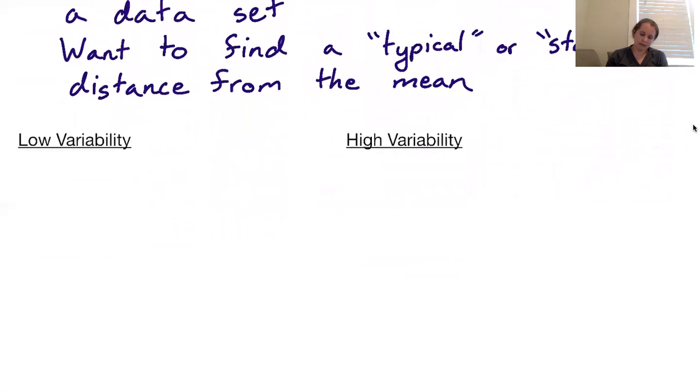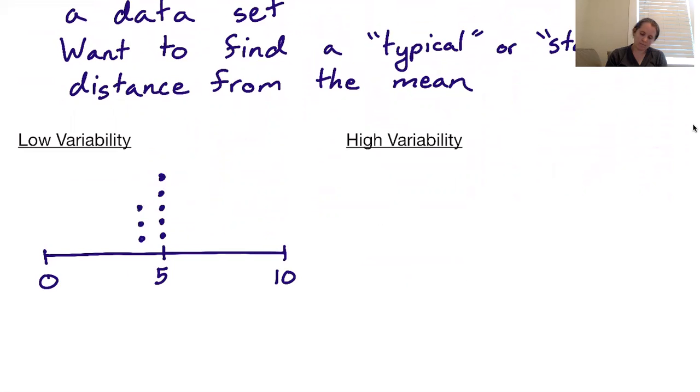So for low variability, let's do our standard 0 to 10, 5 in the middle, and low variability. Our data is clumped close together. Right?